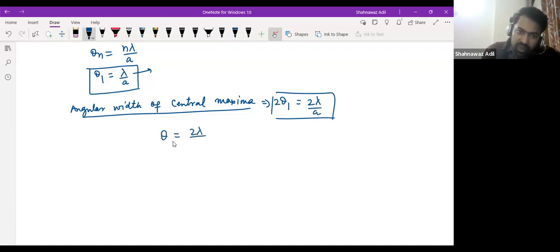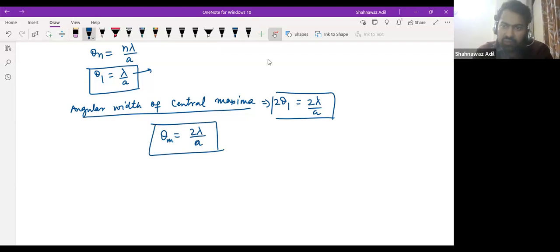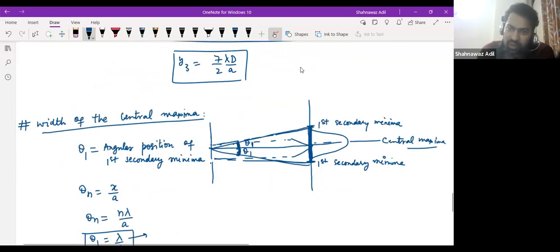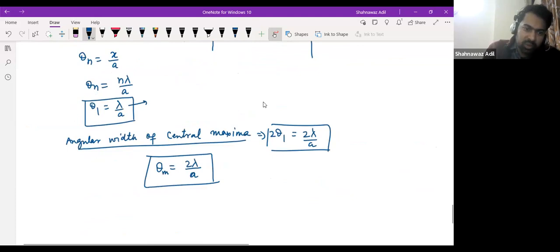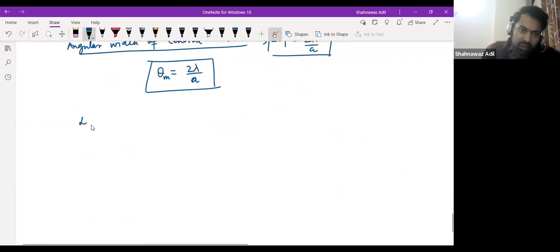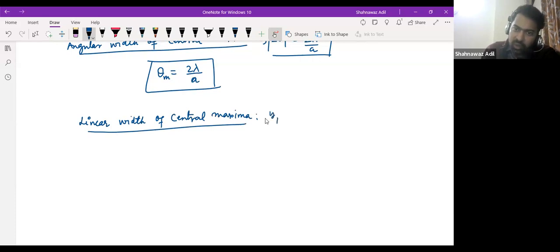This is maximum, right? This is angular width. Now what would be the linear width? Linear width would be y1 plus y1, right, guys? Yes, sir. So linear width of central maxima would be how much? That is y1 to y, right?